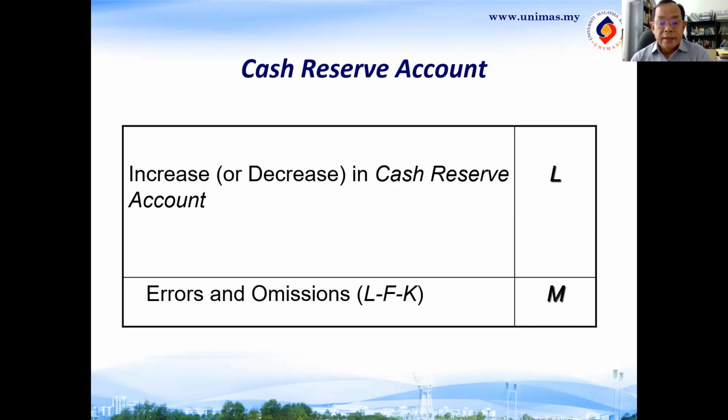And then errors and omissions, which is L minus F minus K. Remember, F is from the current account, and K is the capital account. So the reserve depends on the current account and also the capital account, right?